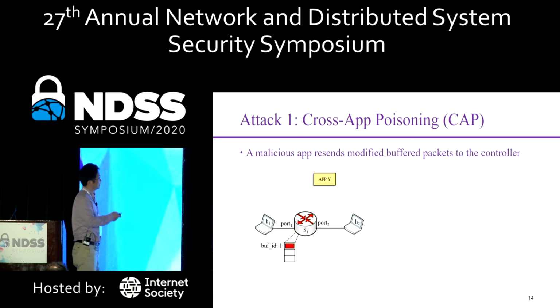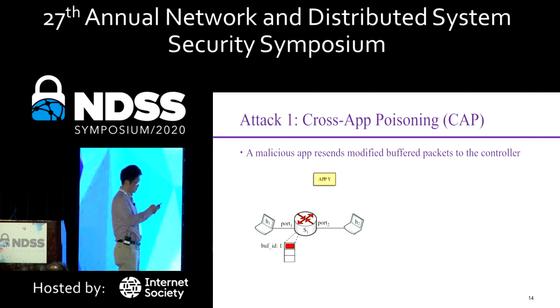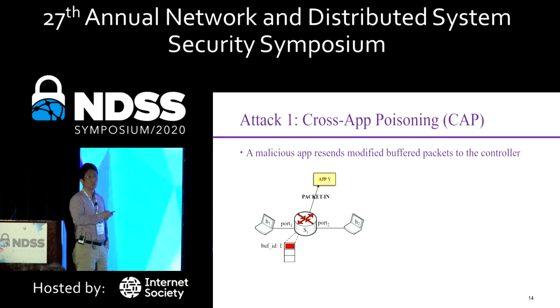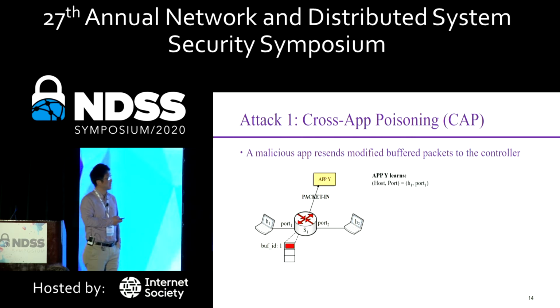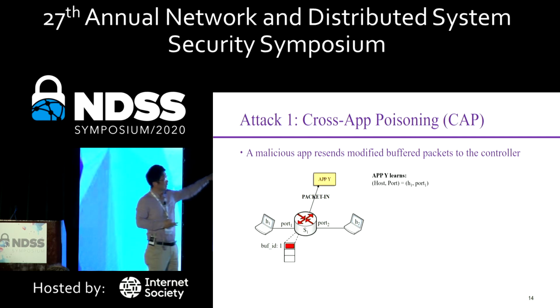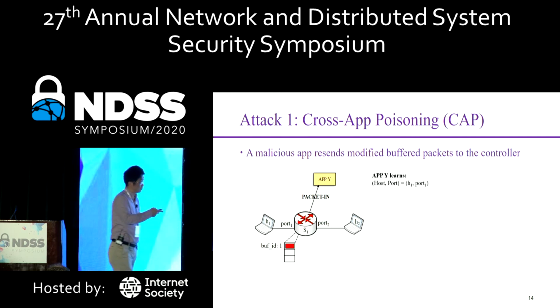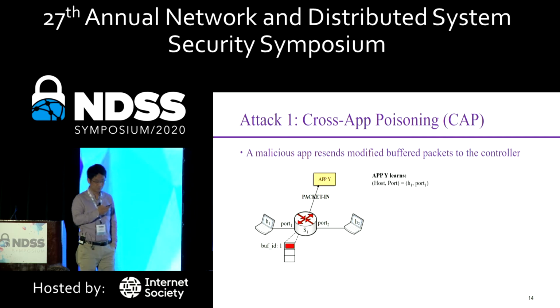In the normal way, there's a first packet buffered in switch 1, and a packet-in is sent to a normal application, app 1. From this packet-in message, app 1 will learn that H1 is connected to port 1 of switch 1.